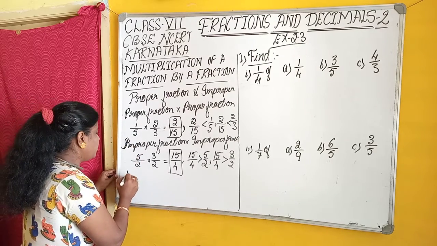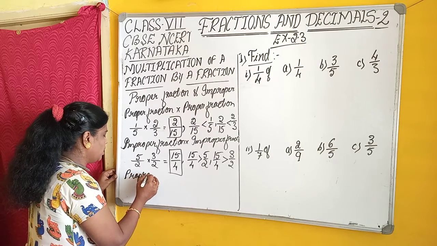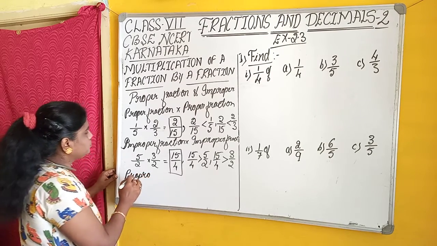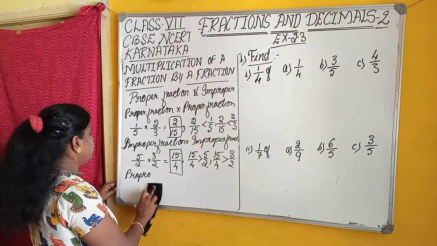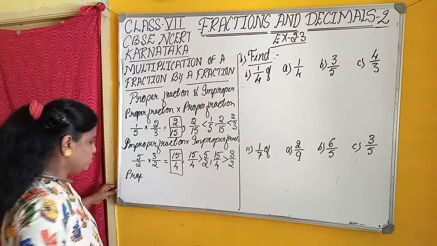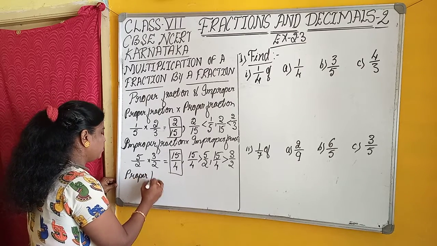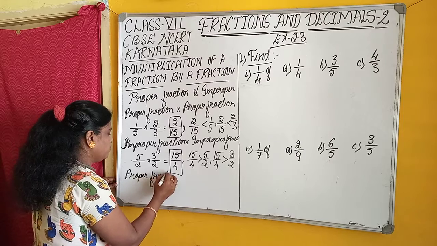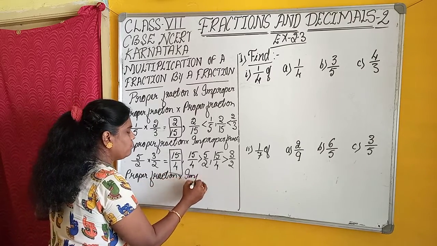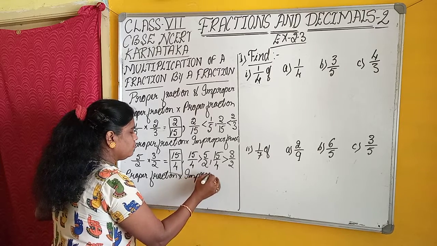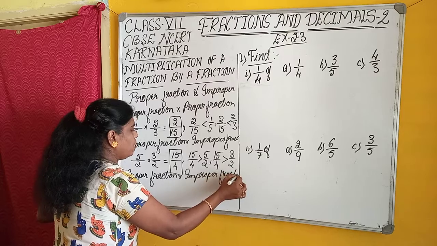Next, one more condition: when a proper fraction is multiplied by an improper fraction, what happens?